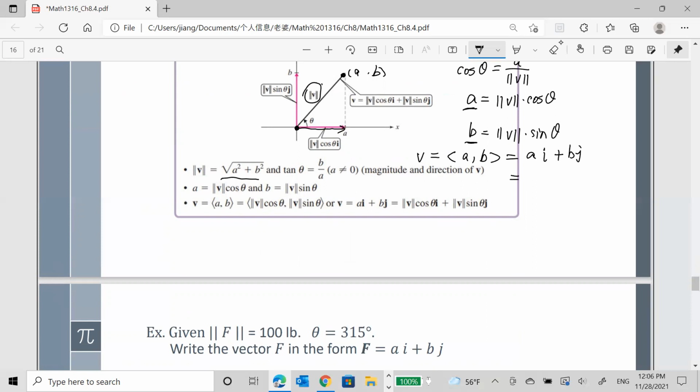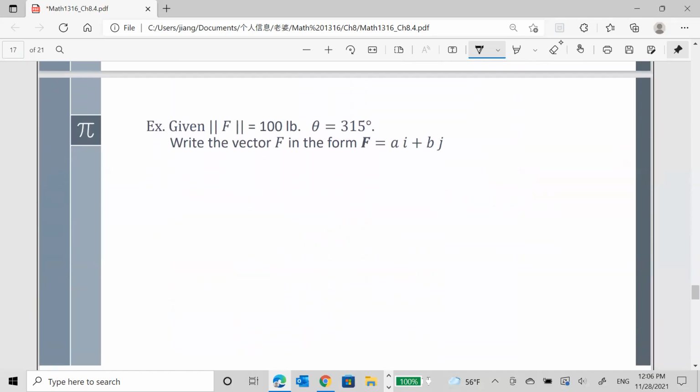So that equals the magnitude of v times cosine theta i plus magnitude of v times sine theta j. So v can be represented by this if the given information is the magnitude of v and theta. So let's see the next example.